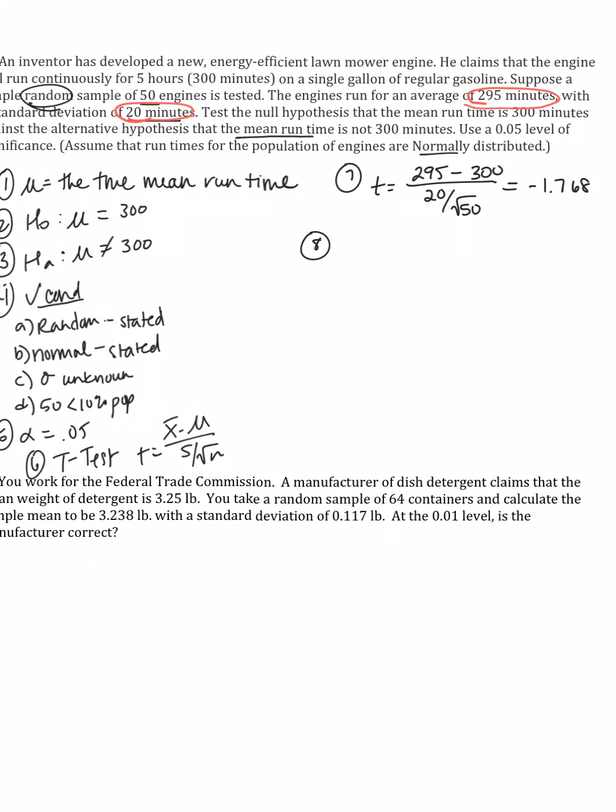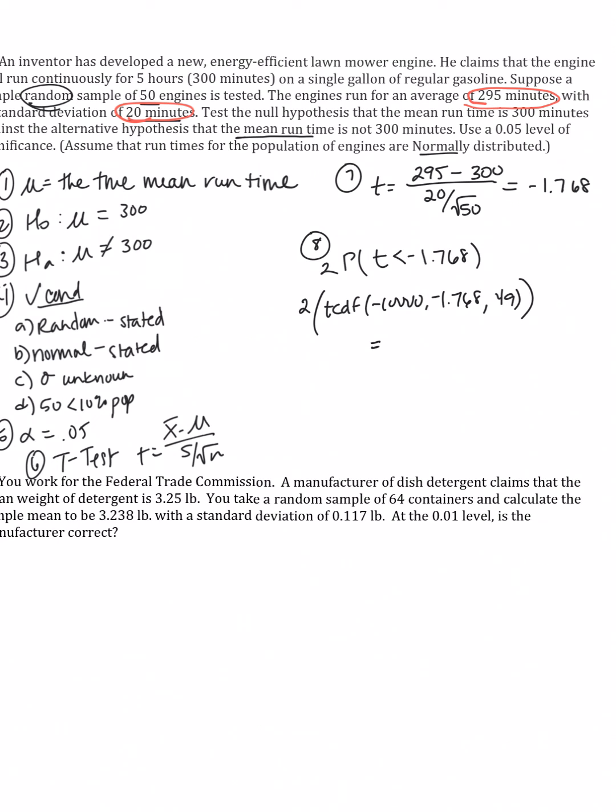Remember, for a two-tailed test, if the t-value is negative, then we look less, but we multiply by 2. So we're looking at 2 times t CDF, negative, large number, upper bound, negative 1.768, degrees of freedom 49.